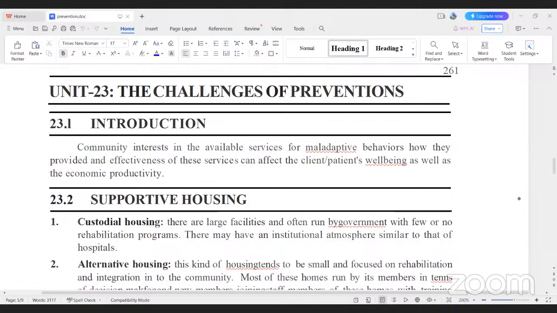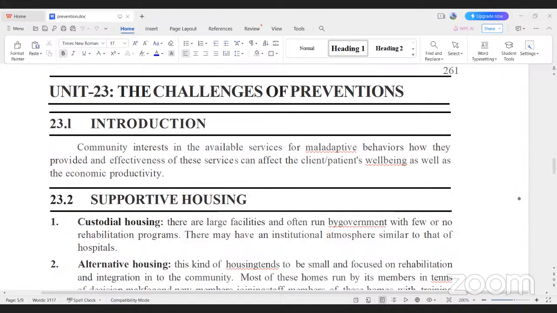So we cannot say only one area is creating the problem. Multiple areas, biopsychosocial related factors, are creating problems. Studying all these problems comes under psychopathology. There is a lot of scope.